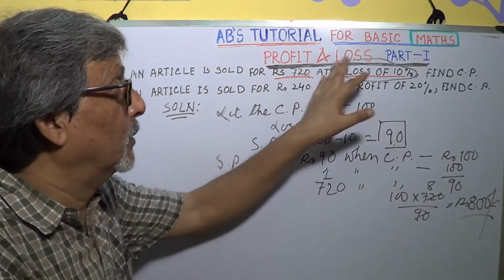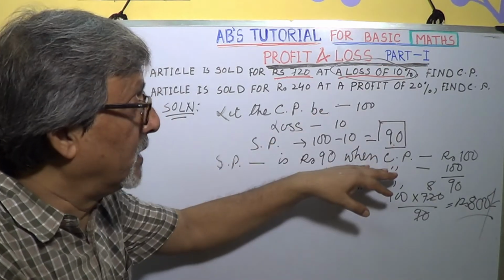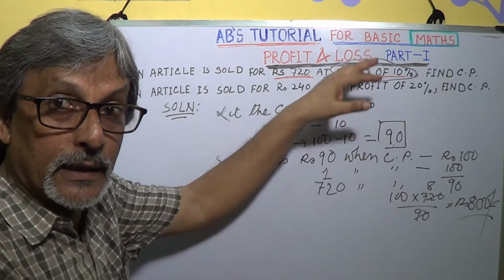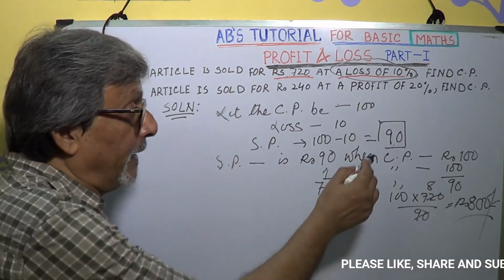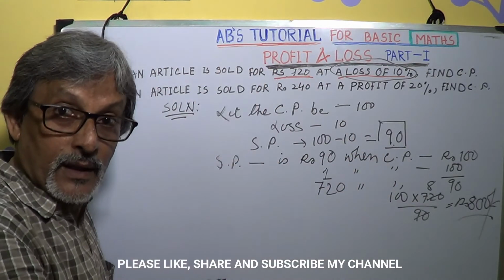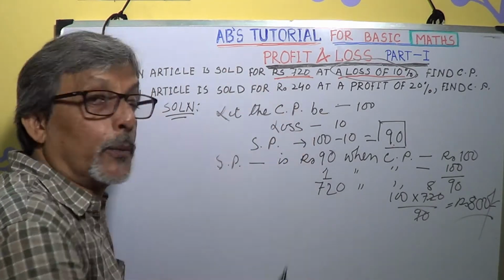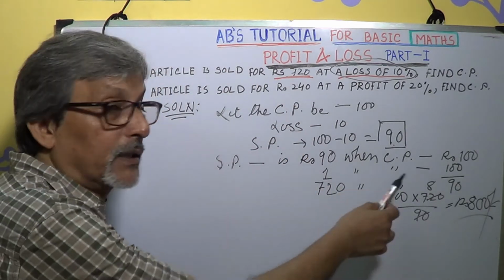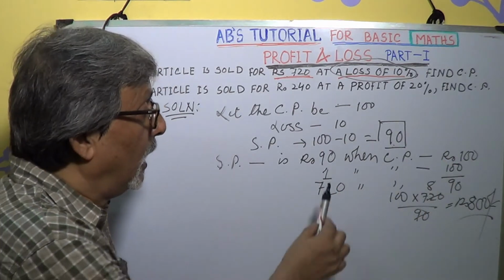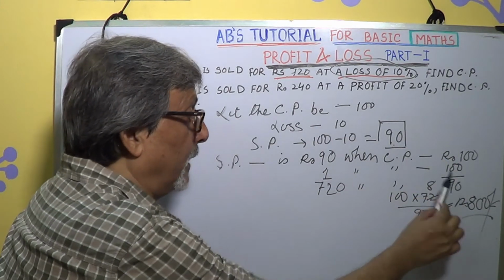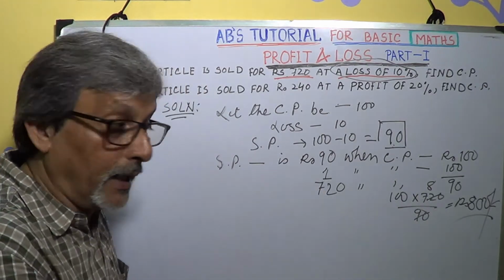Now we will see, after working it down in mathematical form, whether really this is rupees 90 or something else. Actually, in the problem it will be something else. Now this is rupees 720. So in the unitary method we will write the SP is rupees 90 when the cost price is rupees 100, and when it is 1 it is 100 by 90, and when it is 720 it will be like this.